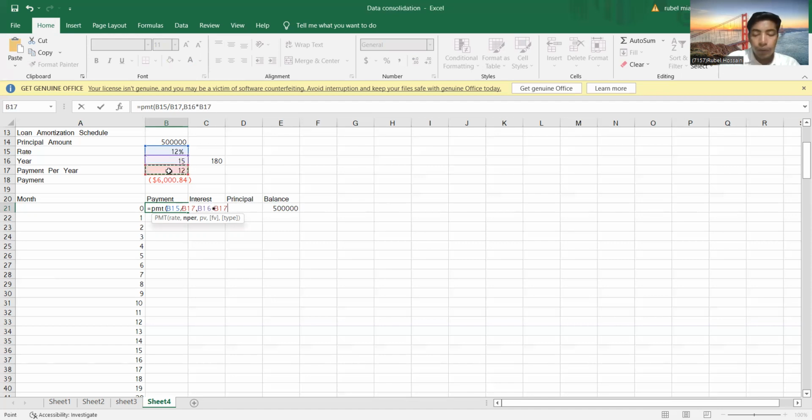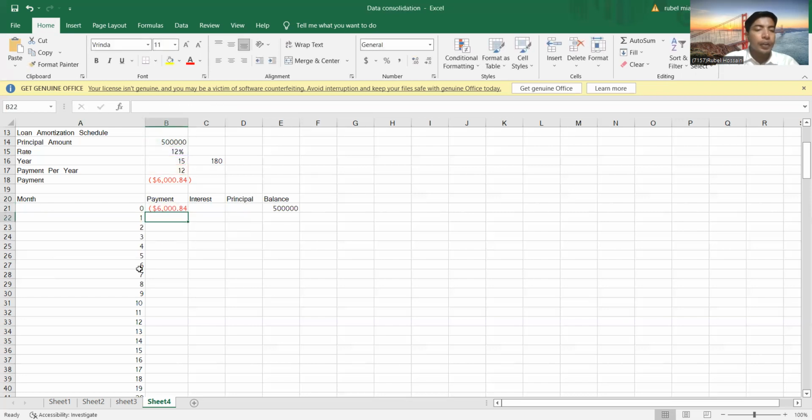Click on payment, then comma, then present value, then close the bracket and click on enter. Then here you can see all the payments.